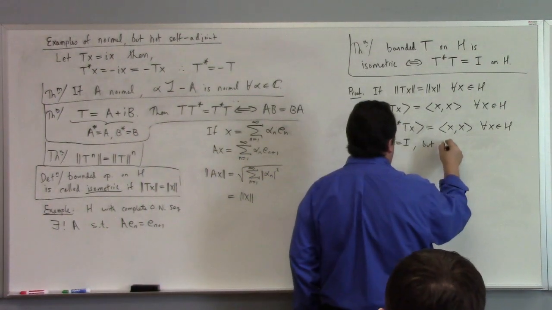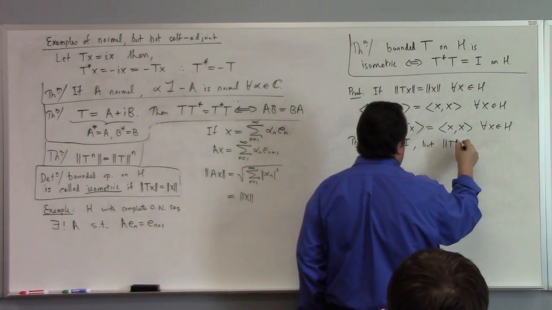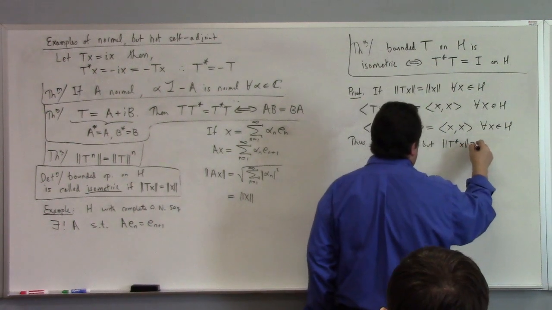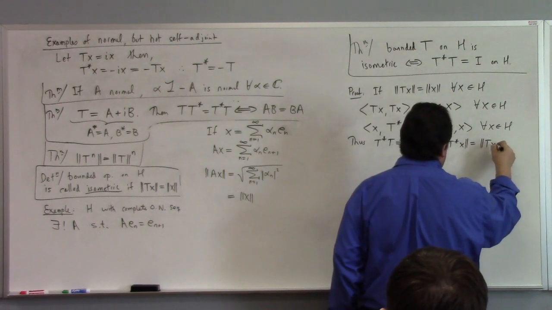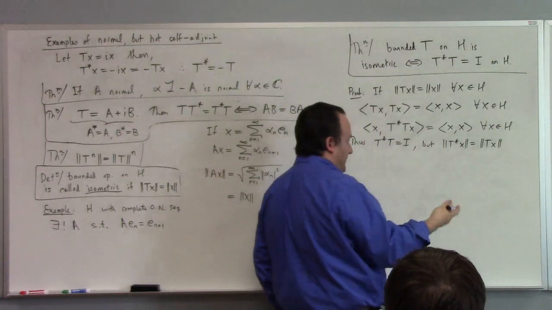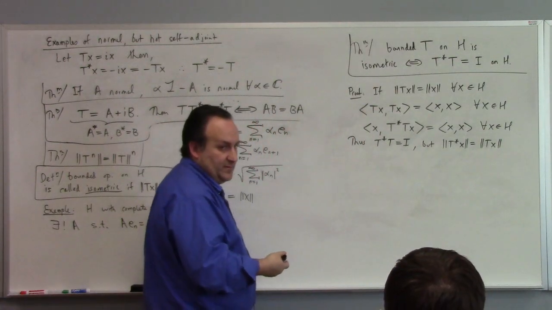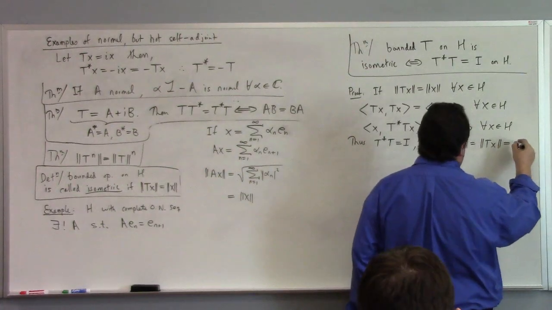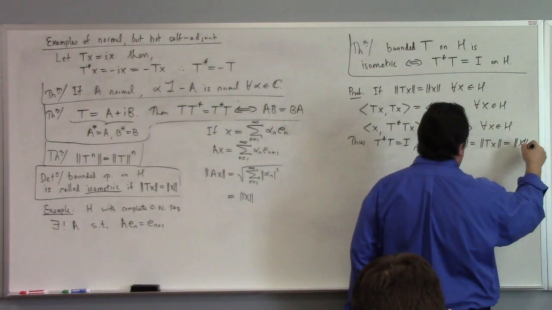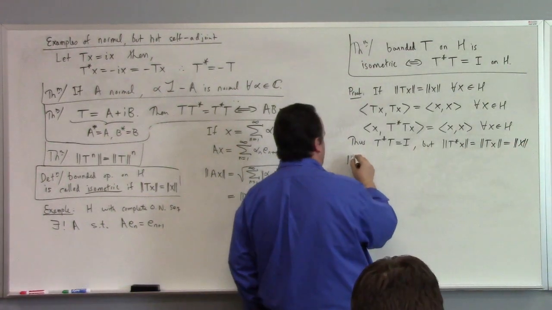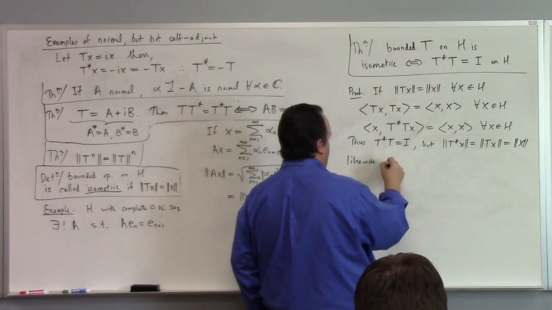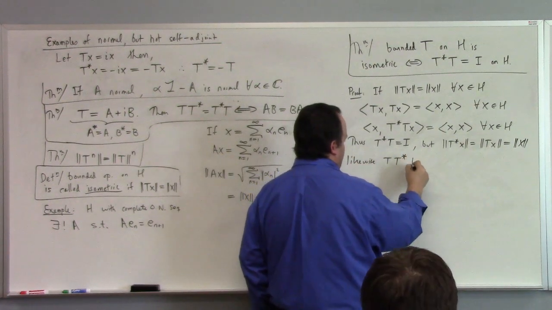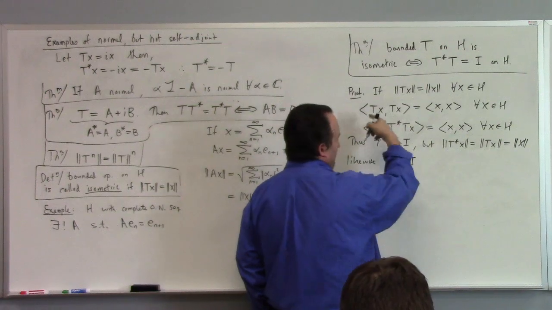But the norm of T star x is equal to the norm of Tx. That's a general identity for any bounded operator. So this is also equal to the norm of x. And so by a similar calculation, we get T T star is equal to I, right? Basically, you can run through the same calculation.